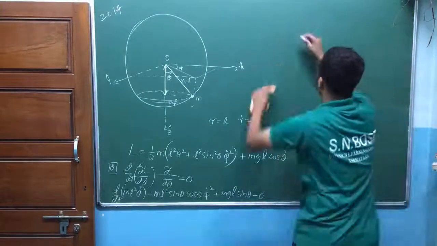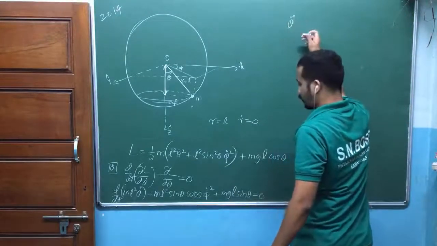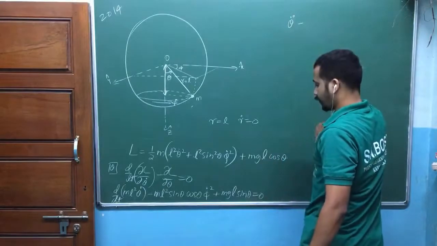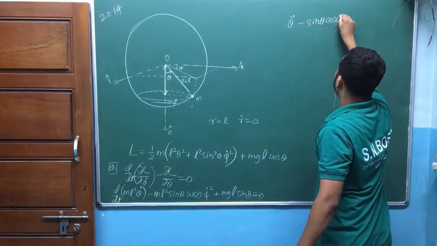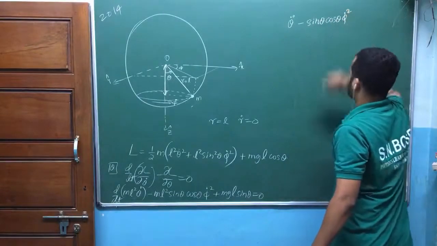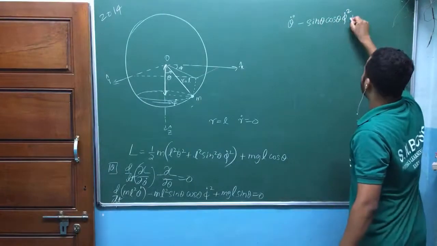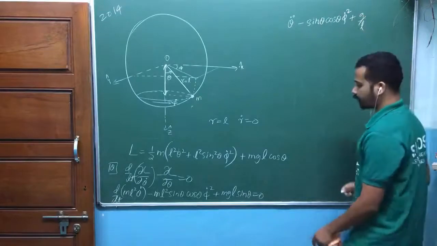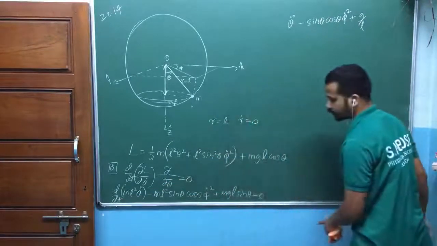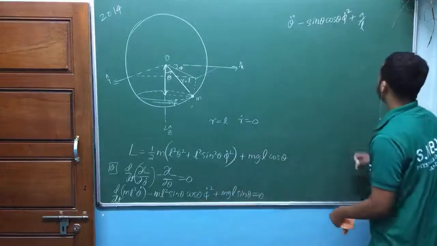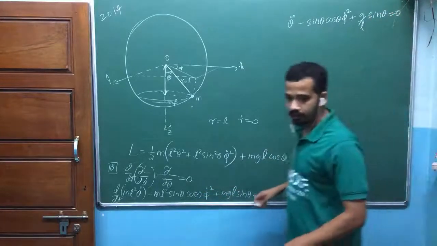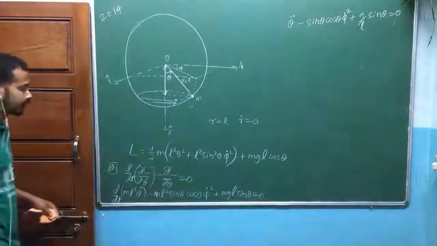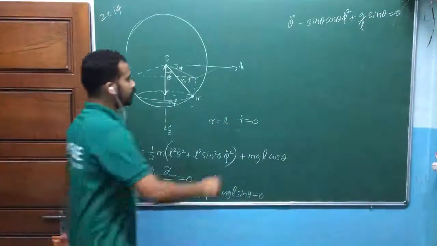Theta double dot minus sin theta cos theta phi dot square plus g by L sin theta is equal to 0. I have divided the whole equation by m L square. That is one of the equations of motion, corresponding to theta. Now the one corresponding to phi.